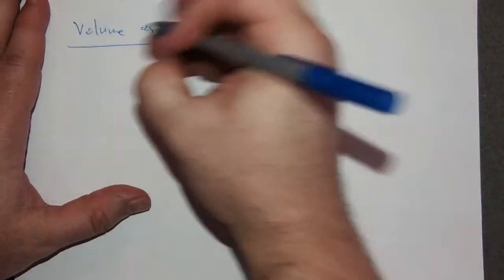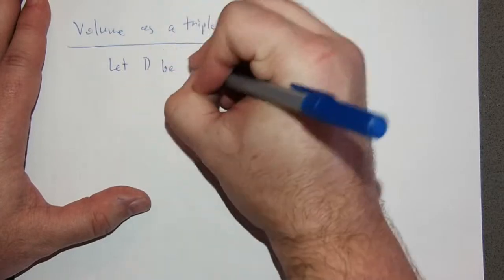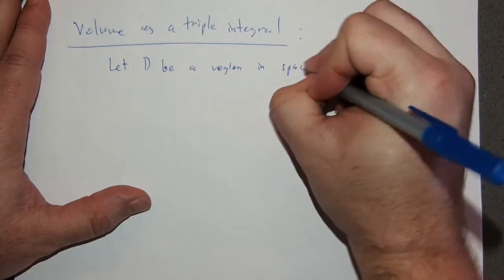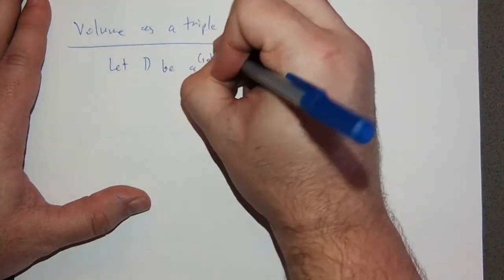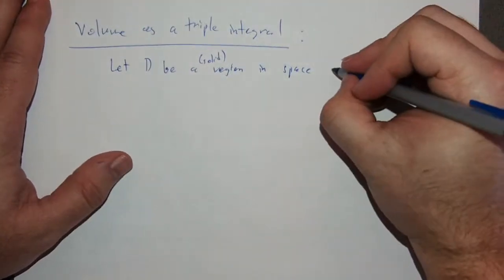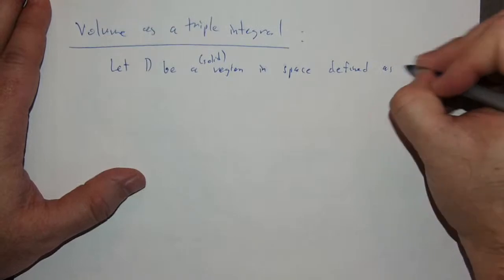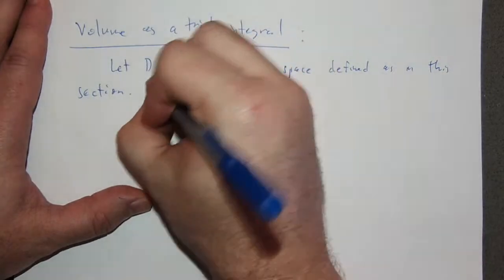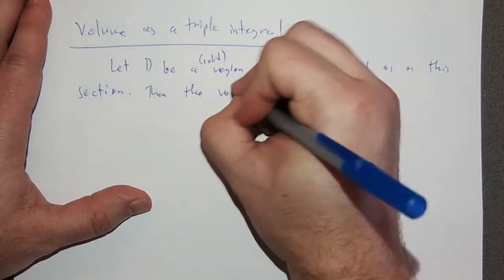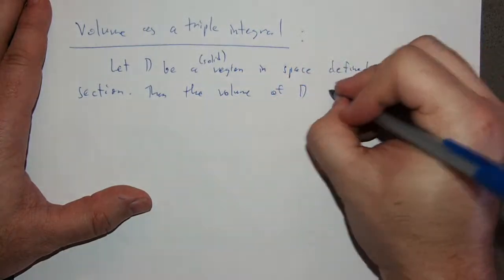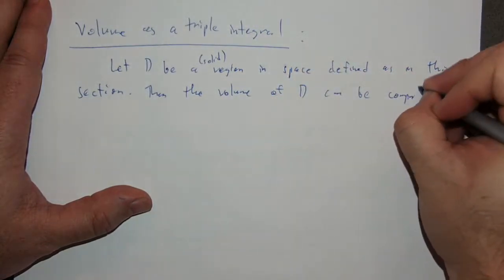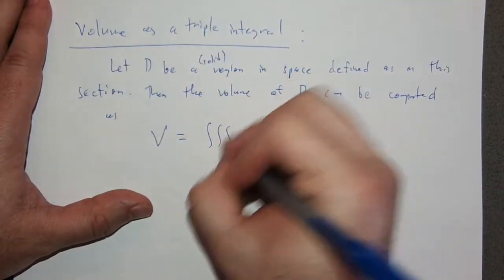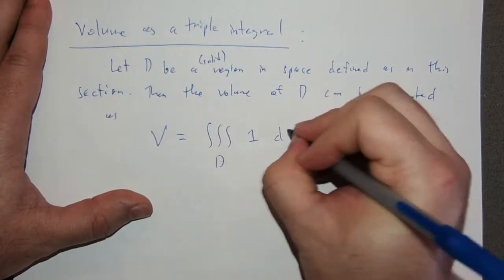How? Well, let D be a region in space, so a solid region, defined as in this section. Then the volume of D can be computed as the triple integral over D of 1 dV.